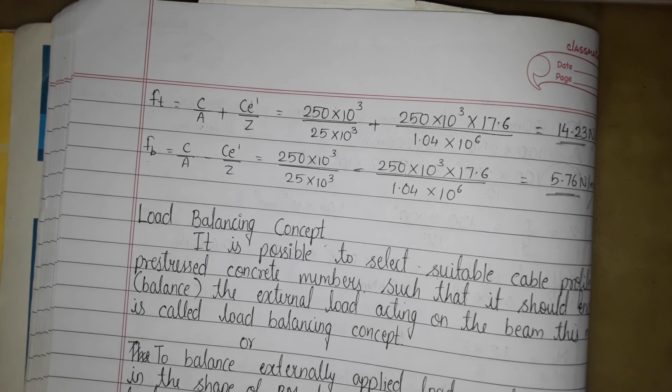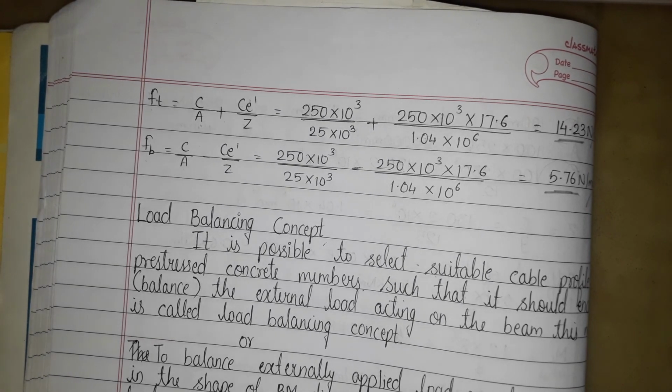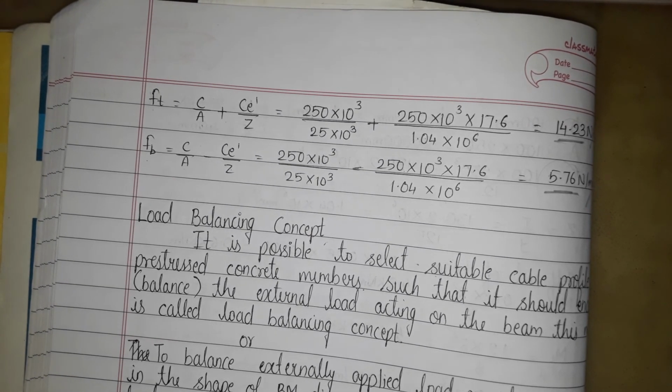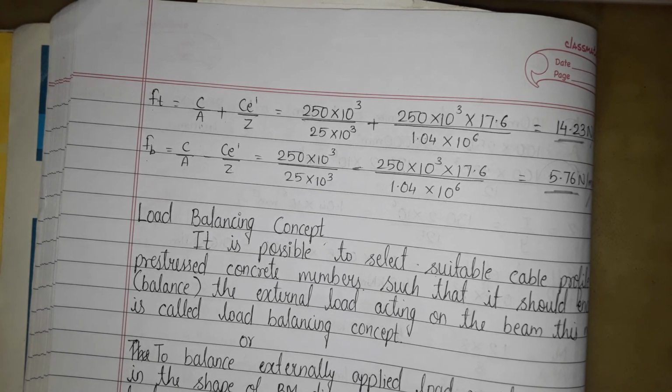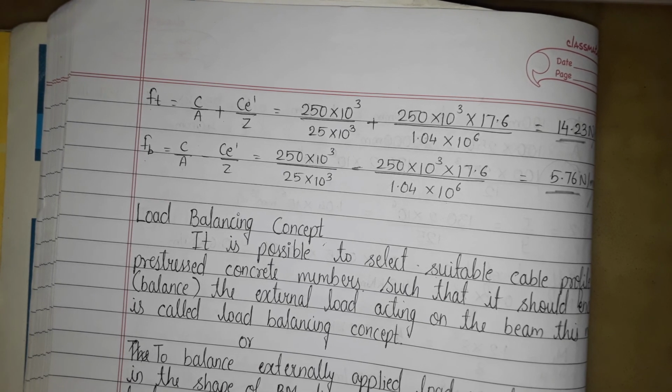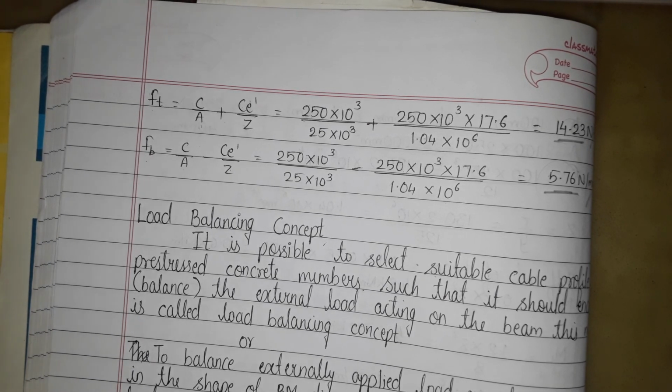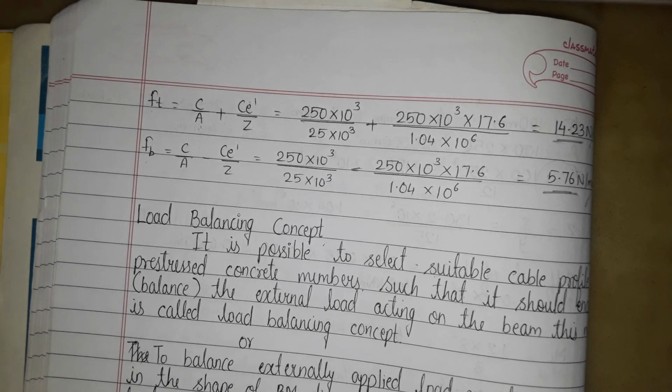It means ultimately, whatever forces or loads are acting on the member, they have to be resisted by the internal resistance of the cross section. Internal resistance is nothing but the force offered by concrete and the force offered by steel. Those together have to resist the external load. Understood? Okay, thank you.